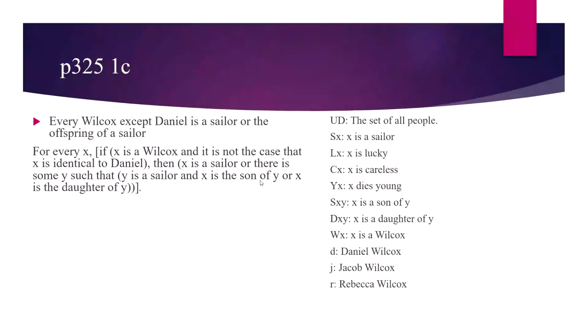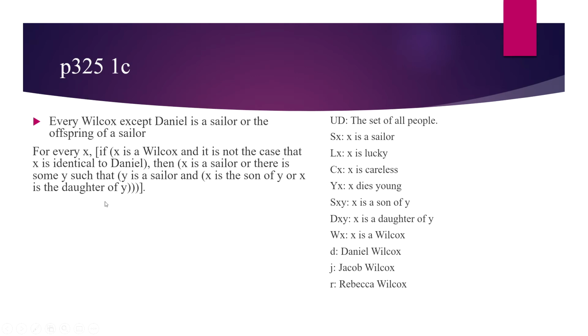Here I'm adding parentheses around everything that's in the scope of the existential quantifier, right? We've got three y's, y is a sailor, x is the son of y, or x is the daughter of y. So we need parentheses to put everything in the scope, but we still have an and an or, both together here without parentheses.